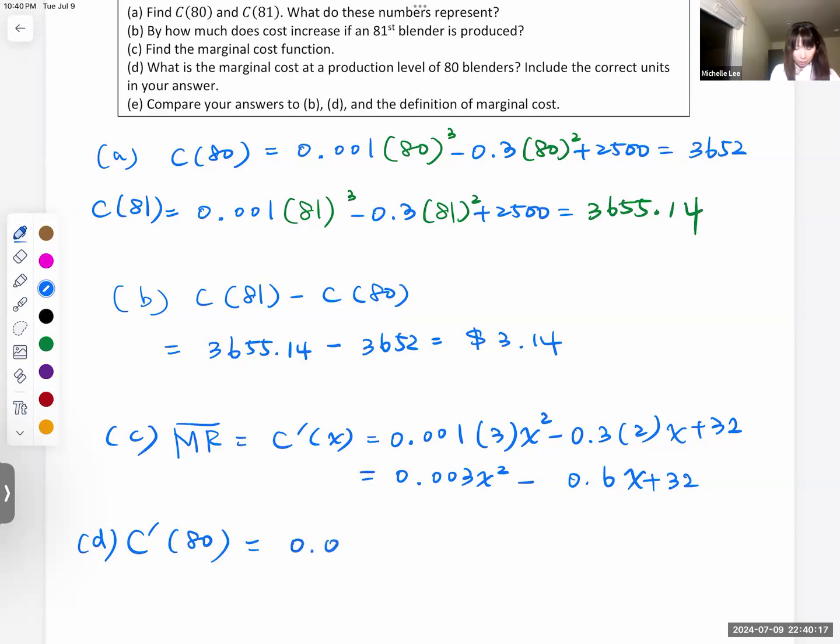So 0.003 times 80 squared minus 0.6 times 80 plus 32.